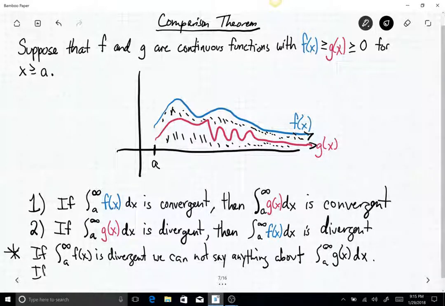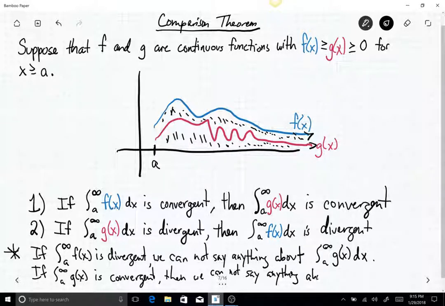In a similar manner, if the integral from a to infinity of g of x is convergent, then we cannot say anything about the integral from a to infinity of f of x dx, because we have the smaller part being convergent, but we could add a whole bunch more stuff to that f of x.